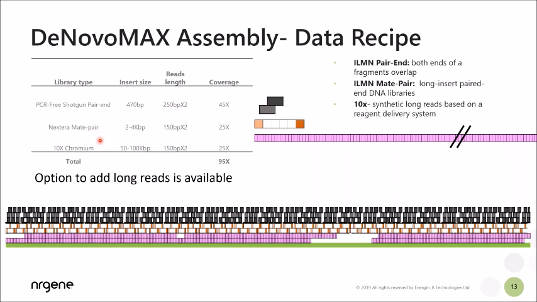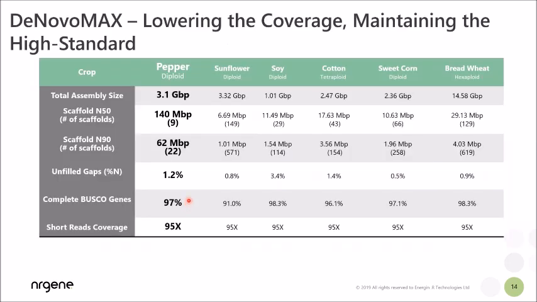The next is mate pair with 2 to 4 kb insert size. And the third is 10x Chromium, which gives very efficient and cost-effective synthetic long reads. Overall, the coverage of the genome is 95x, and these different data types are used in combination to produce the assembly.